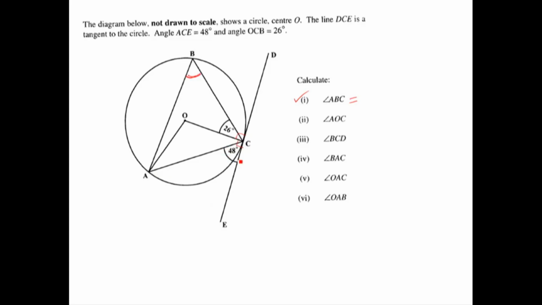So the angle in the minor segment is equal to the angle in the major segment. So this is going to be 48 degrees as well. And the reason for that is the alternate segment theorem.